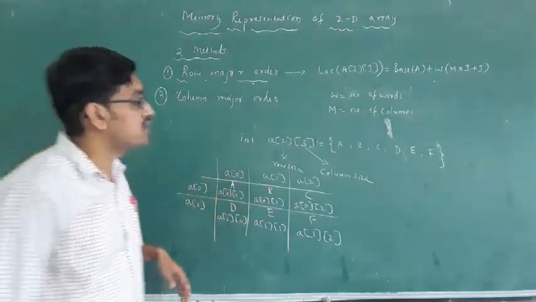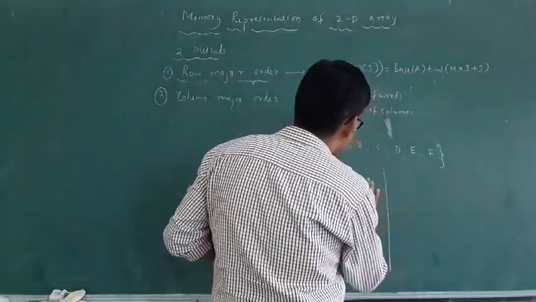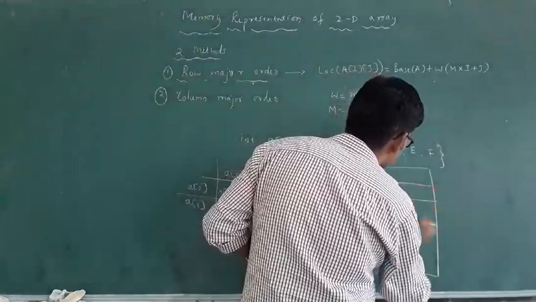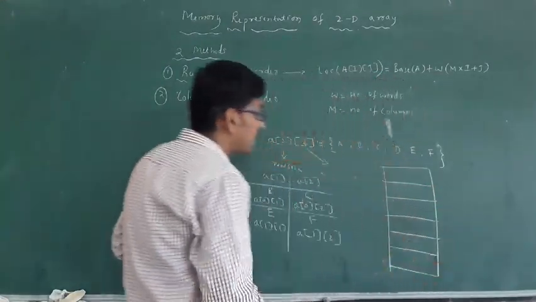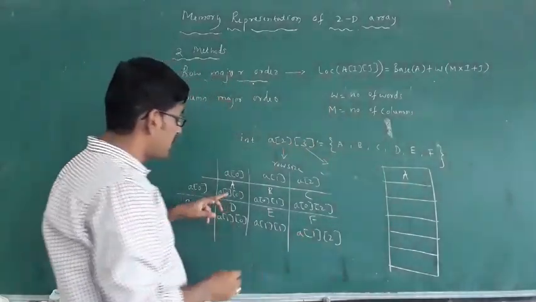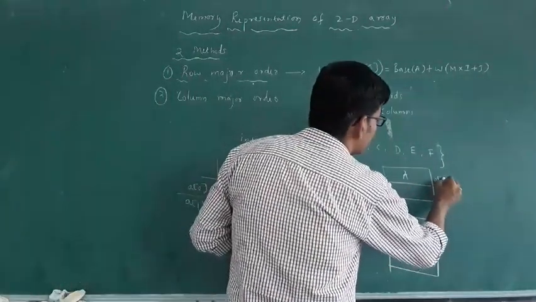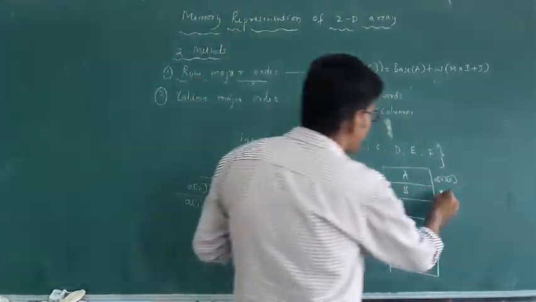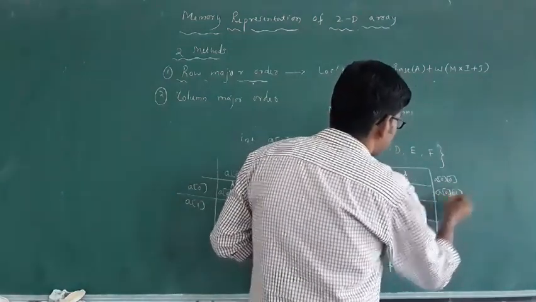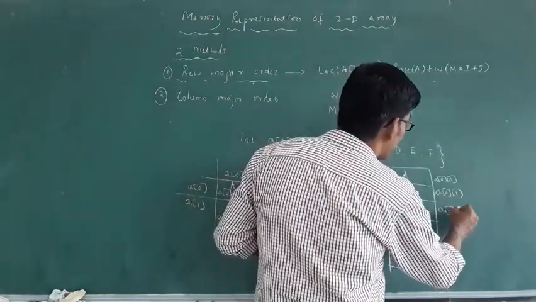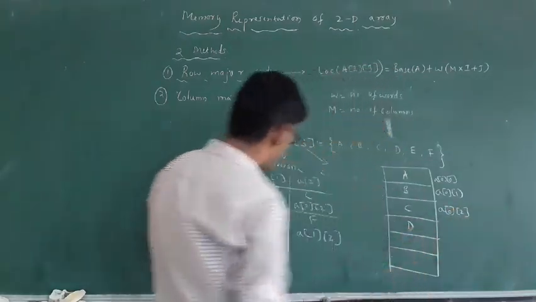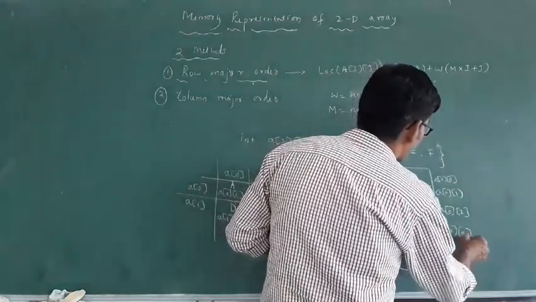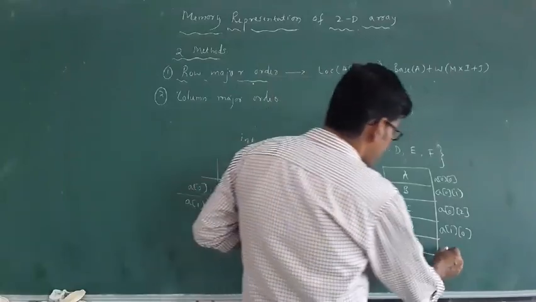Then you have to write one chart showing how the data will be stored. Data A will be stored in location A of 0 0. Then B will be stored in location A of 0 1. C will be stored in location A of 0 2. D will be stored in location A of 1 0. E will be stored in location A of 1 1.